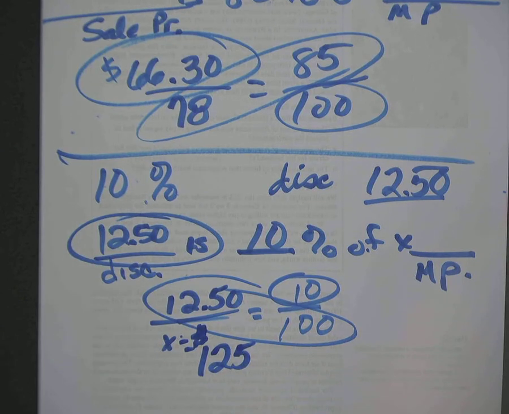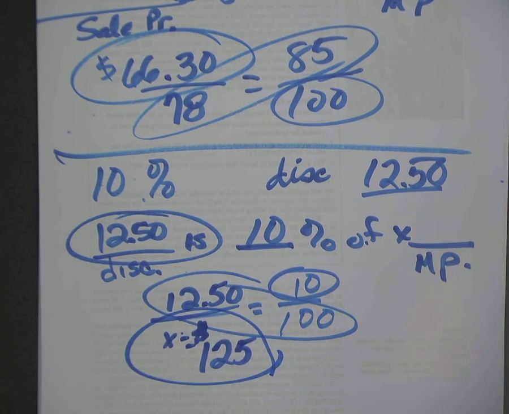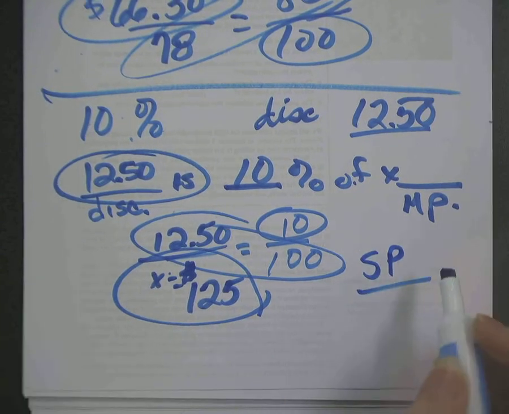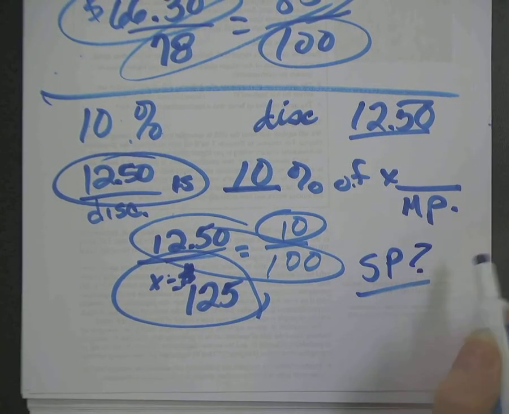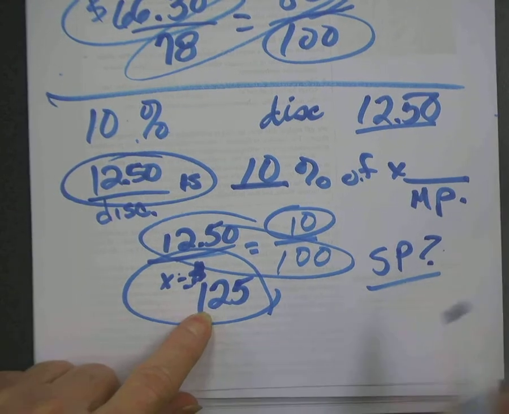Okay? There were 4 columns. This was one of them that was blank. The other that was blank was the sale price. Excuse me. So what is the sale price? How can we figure that out? Subtract the discount, take the discount off of your mark price.